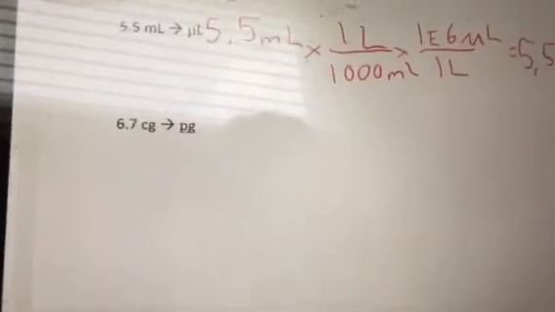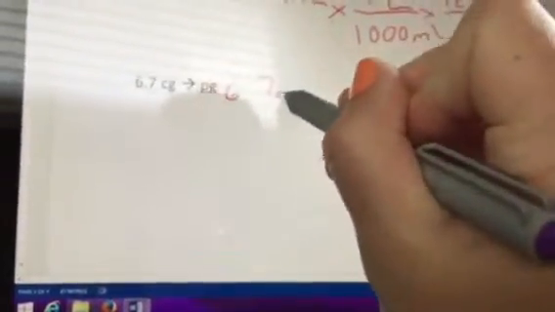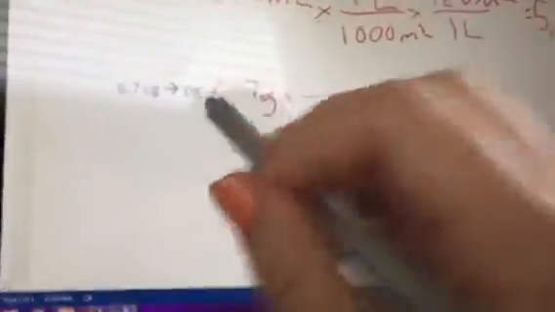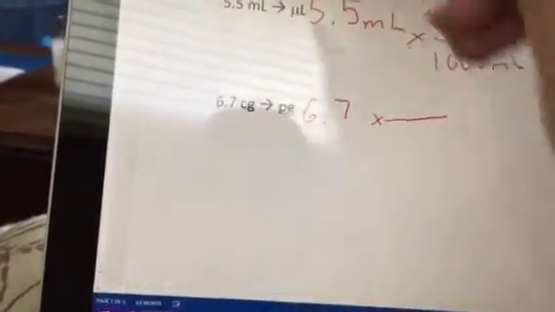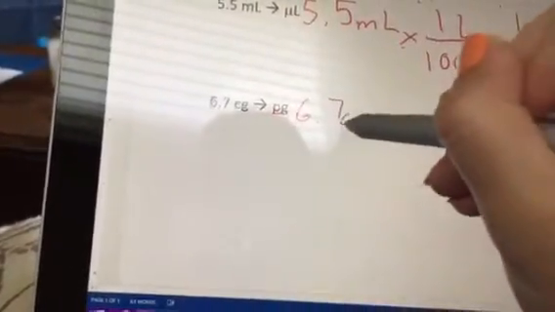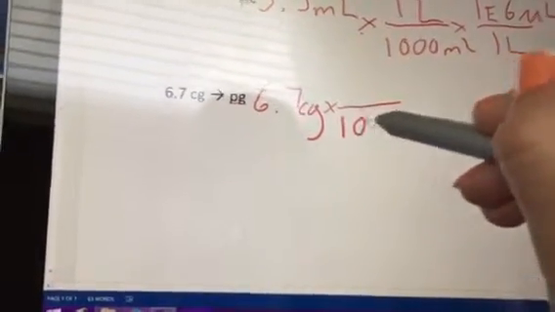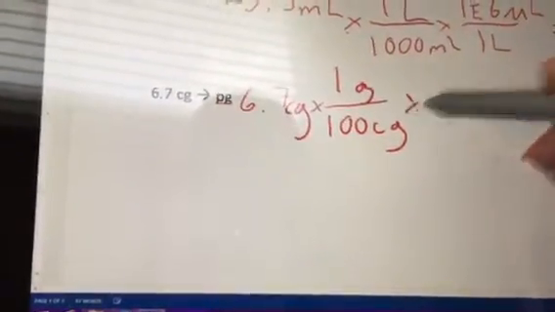And so this next one, I'm going to do the same way. 6.7 centigrams to picograms. So in this case, and again, you can go directly from King Henry died by drinking chocolate milk. Oh, this is centigrams, not grams. So you can use King Henry died by drinking chocolate milk, or you can set it all up using dimensional analysis. So I have 100 centigrams on bottom, 1 gram on top.